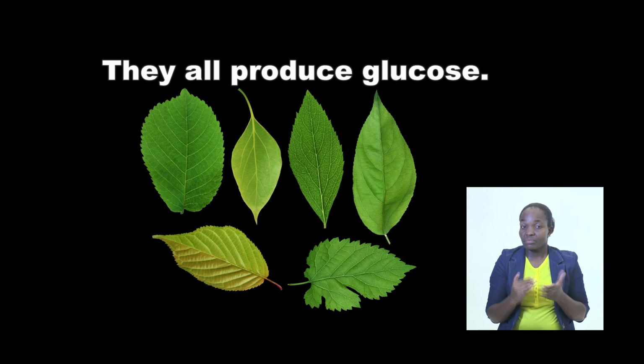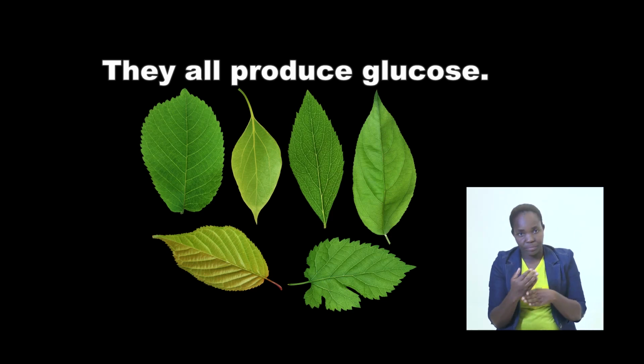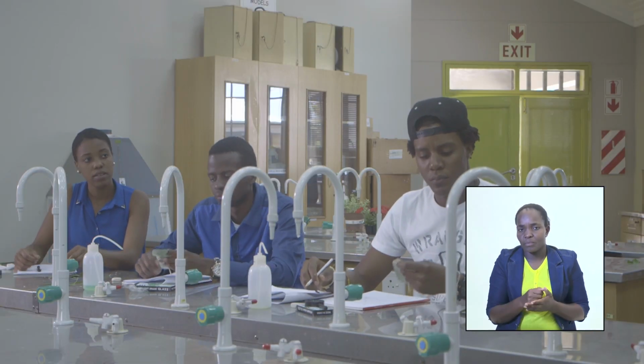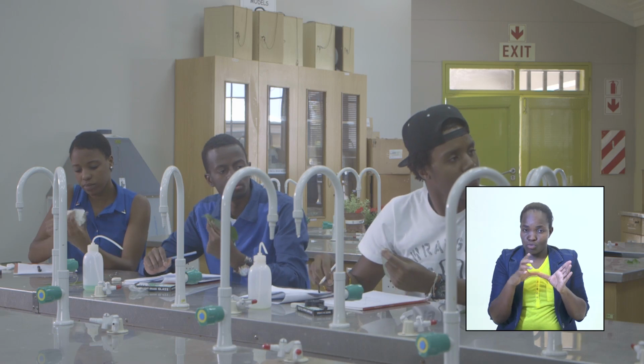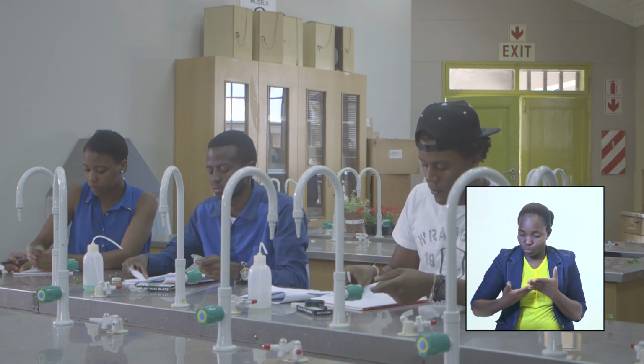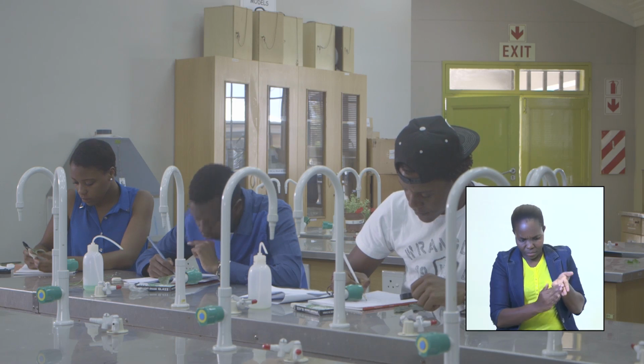Some are small, some are big, but they all have the same function. They produce glucose. I want you to pick up the bigger leaf and your pencil and a blank sheet of paper and draw exactly what you see on the leaf. You can use your hand lenses to view the leaves better. You have 5 minutes to do this.